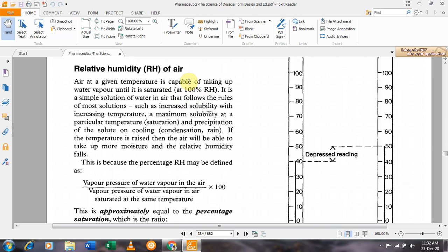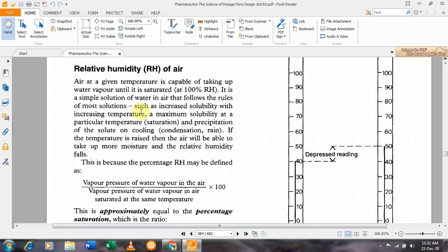It means that complete saturation is when the maximum water vapor is taken up and the air is saturated, and that is termed as 100% relative humidity.